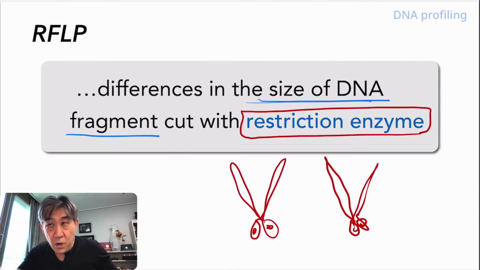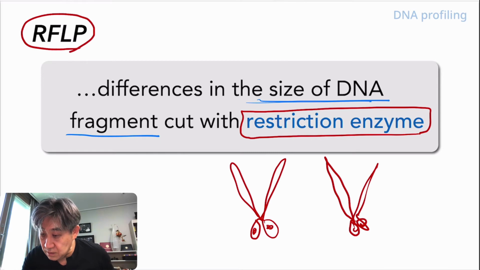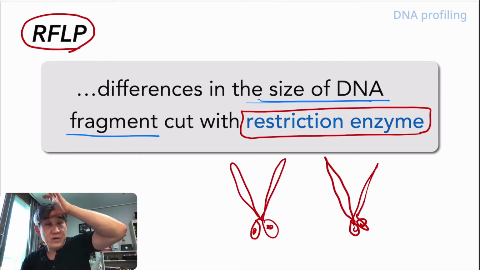Before we go further, I will explain, taking the example of this mutation in the hemoglobin. But before we do that, what about RFLP, which stands for restriction fragment length polymorphism, right? This RFLP is actually a very famous biological science term.